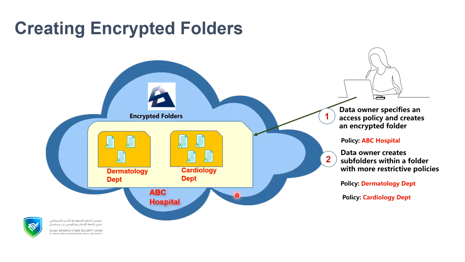And within the folder, we can have subfolders. For example, the left subfolder has the access policy terminology department. That means only when you have the attributes ABC Hospital and terminology department, then you can access this subfolder and decrypt the documents. Similarly for the subfolder with the cardiology department.